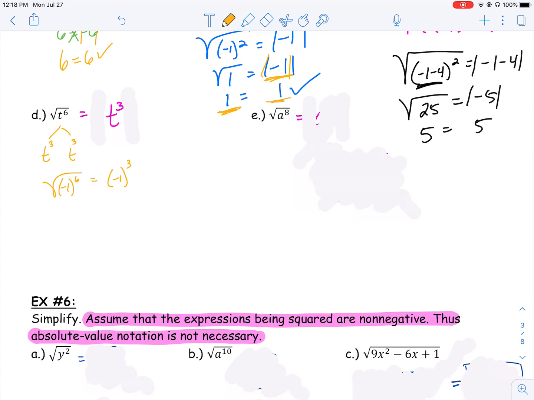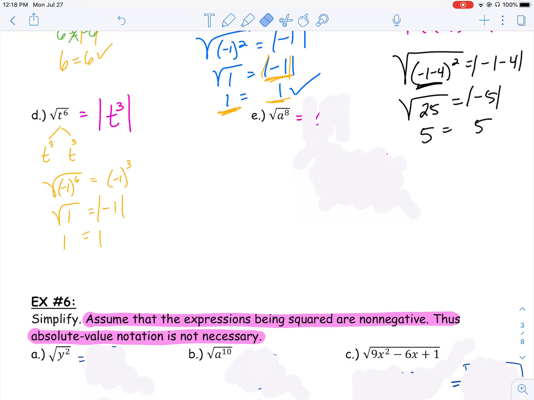An even number of negatives should give me a positive 1, right? The square root of 1 is 1. Let's see what's happening on the right side. If I take -1 and cube it, negative times negative times negative, that gives me a -1 on that side, doesn't it? So in order to make this answer true and valid for all t's, don't I need those absolute values on that right side?